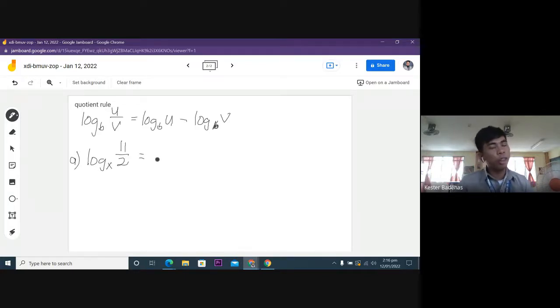So logarithm of 11 over 2 with the base x is equal to logarithm of 11 with the base x minus logarithm of 2 with the base x. So yan po siya, class. Okay? Next example, sige nga, ano yung magiging answer kapag meron tayong logarithm of 5 over 3 with the base 2?